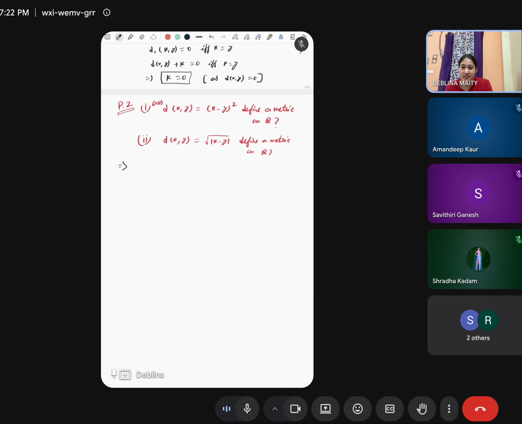We'll see that this first one is not a metric. If we choose x equals 0, y equals 1 and z equals 2, then we'll see that d(x,z) is equal to 2 squared, d(x,y) will be 1 and d(y,z) will also be 1, right? So d(x,z) is not less than or equal to d(x,y) plus d(y,z), so it does not satisfy the triangular inequality property, and that's why it is not a metric.